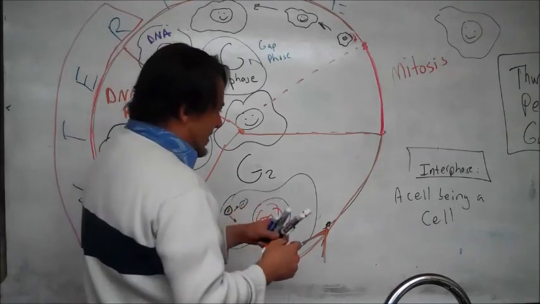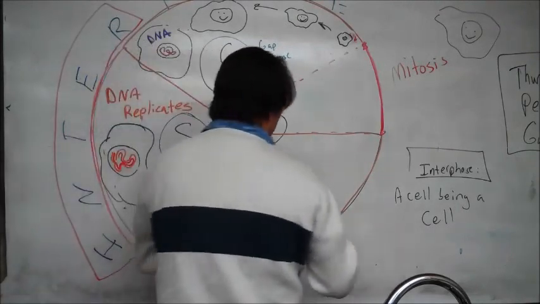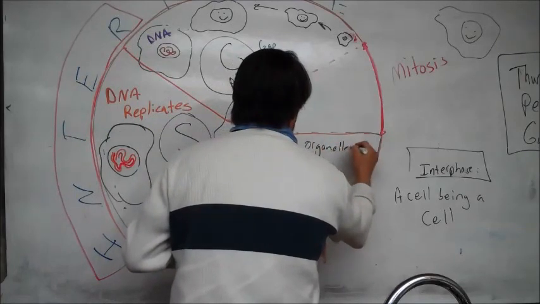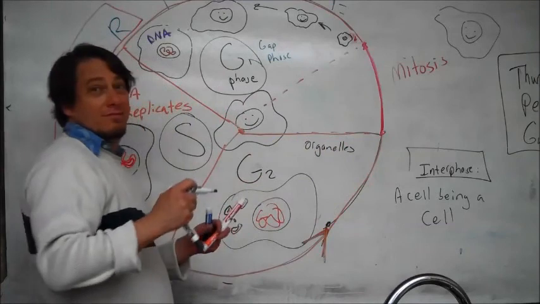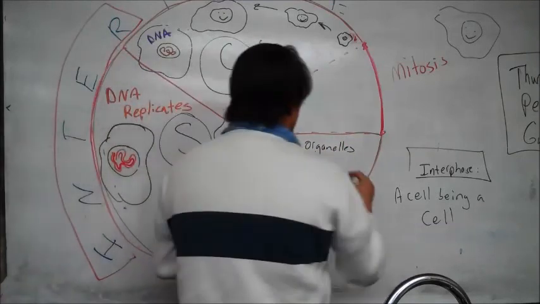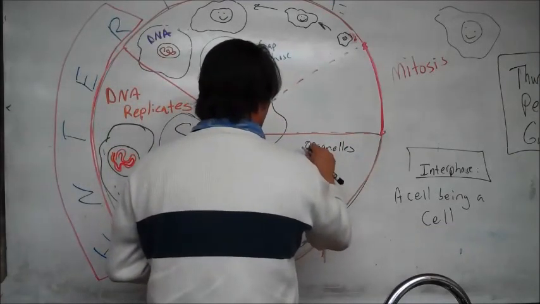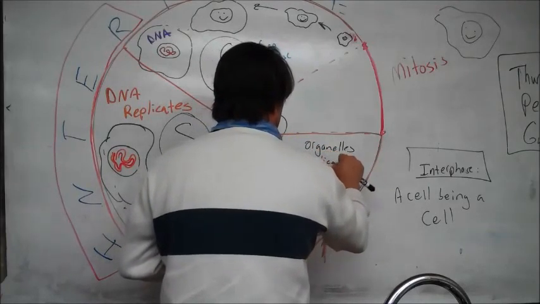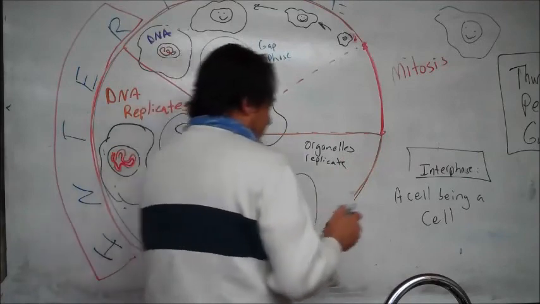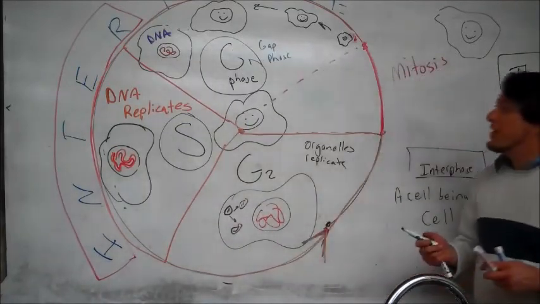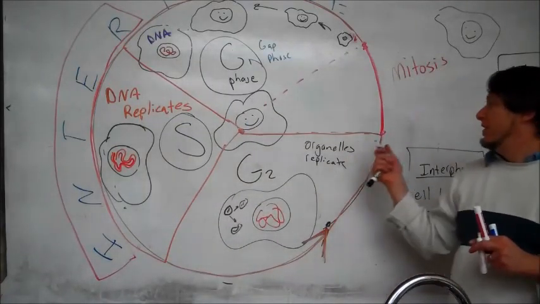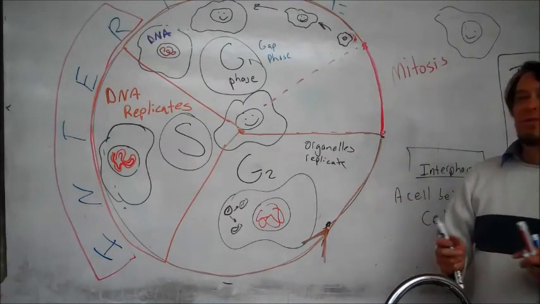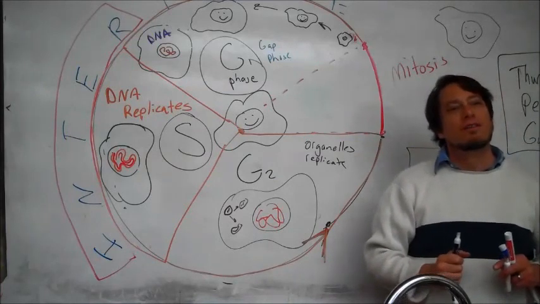Everything inside of the cell gets copied. The organelles replicate. And so pretty much when Jimmy gets to the end of the G2 phase, he's ready to go.